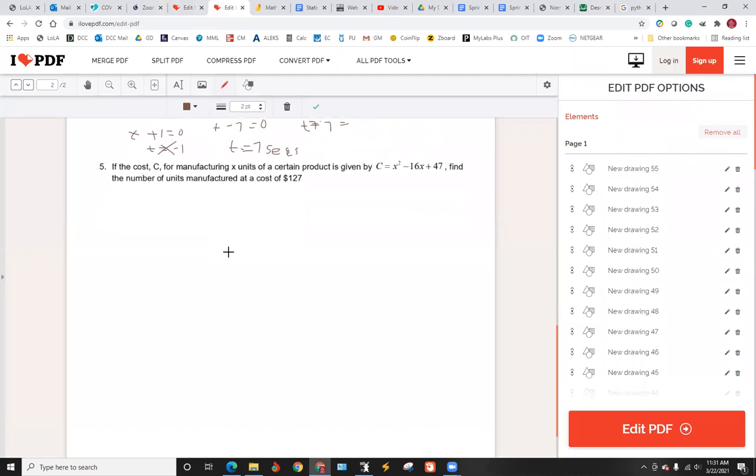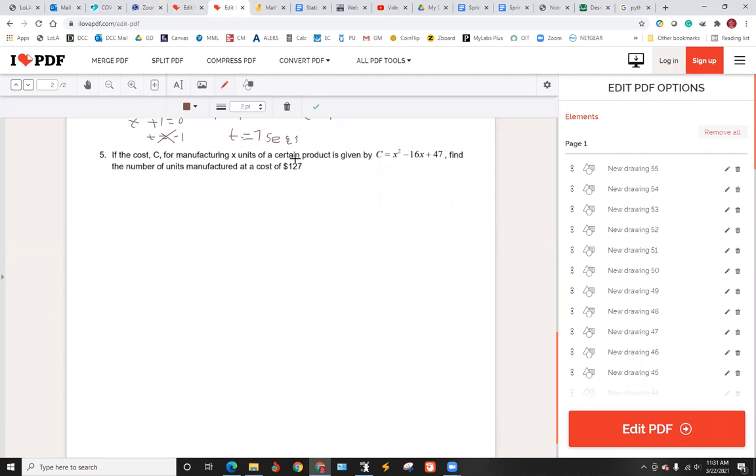Try to work this one. All you need to do is take this 127 and replace the C with it, then simplify it. What I was going to show you over there, and I'll show you on, if I can remember, on Wednesday, just to show you that both of those equations have the same solution. And that's why we can take out that greatest common factor.